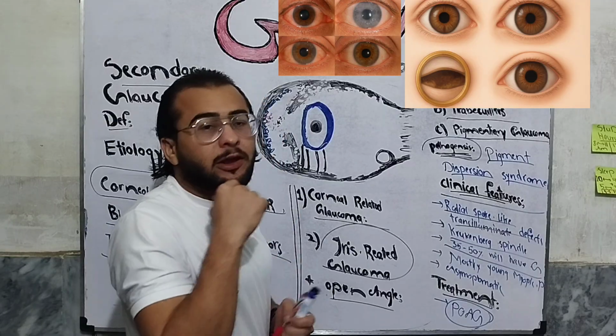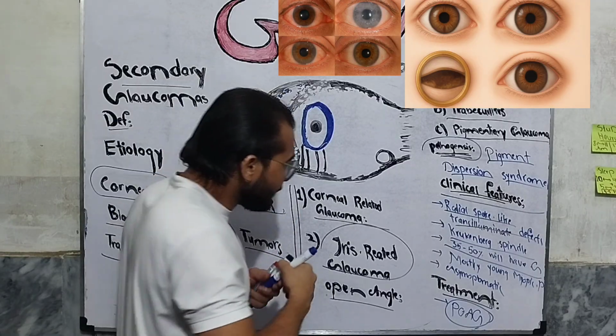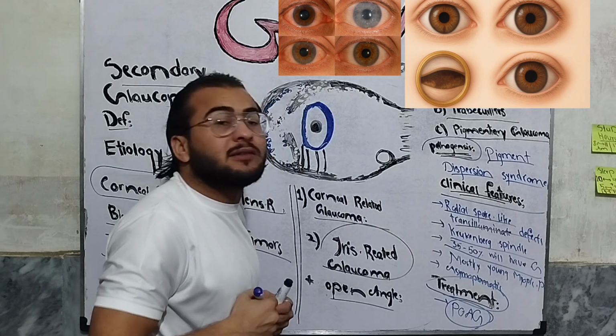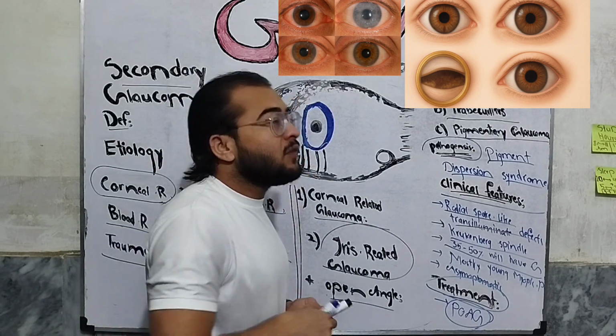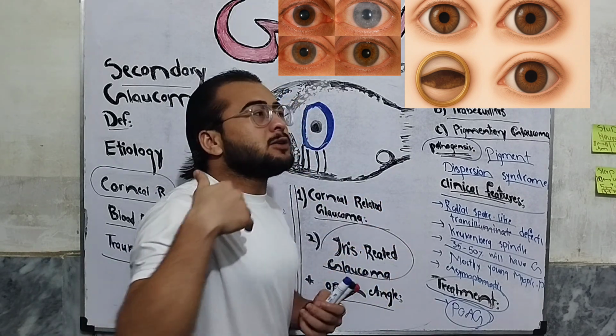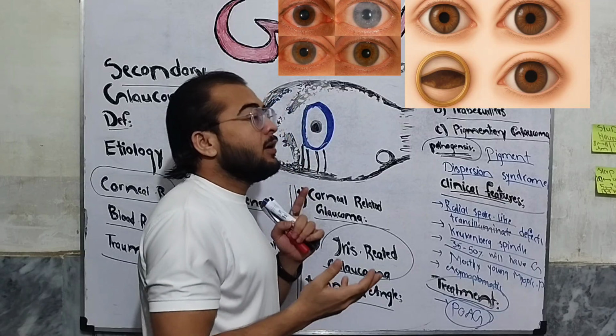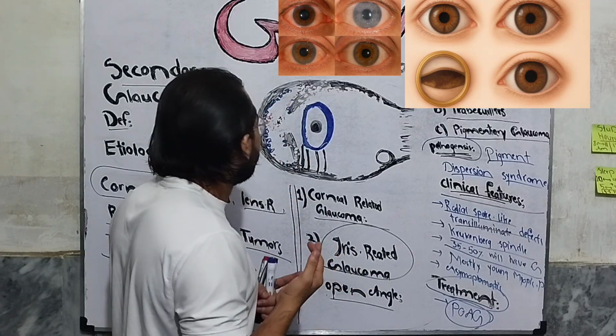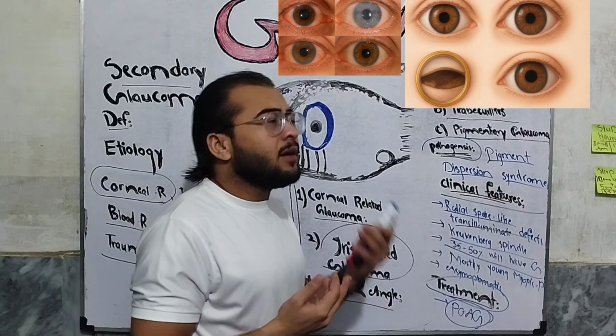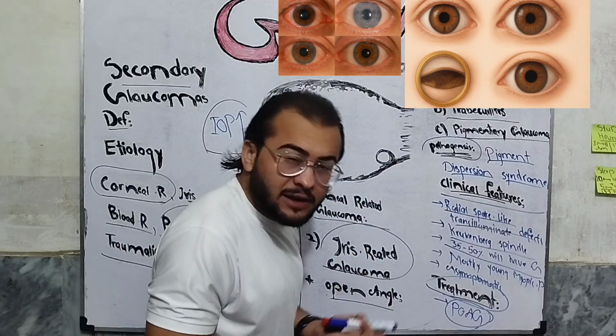Now, how can we treat the condition? The treatment is similar to primary open-angle glaucoma. We will give topical anti-glaucoma therapy such as prostaglandins, beta blockers, carbonic anhydrase inhibitors.